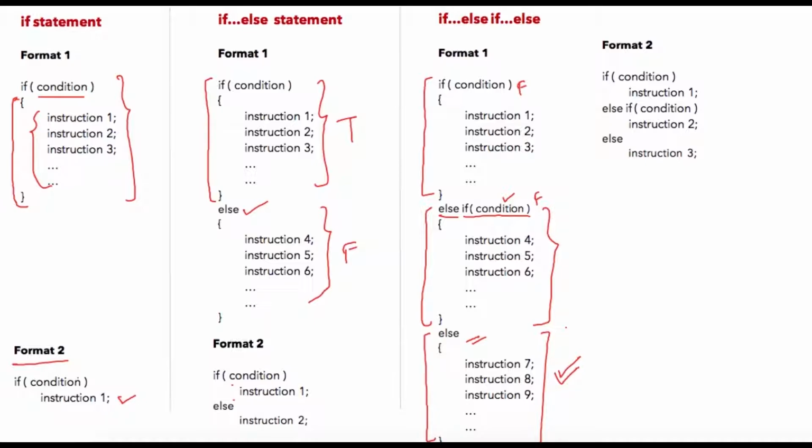Again, you can exclude this else based on your programming logic. The else part is completely optional. The same block can be written like this if you have just a single instruction for each block. If this condition is true, this will get executed. Else if this condition is true, this will get executed. Else, instruction 3 will get executed.